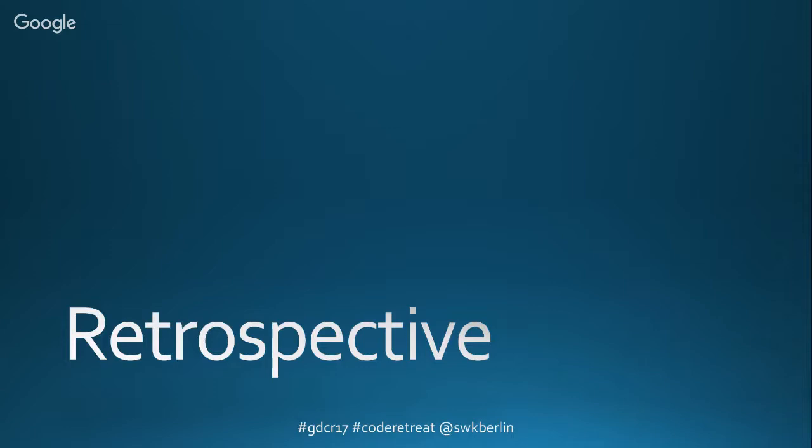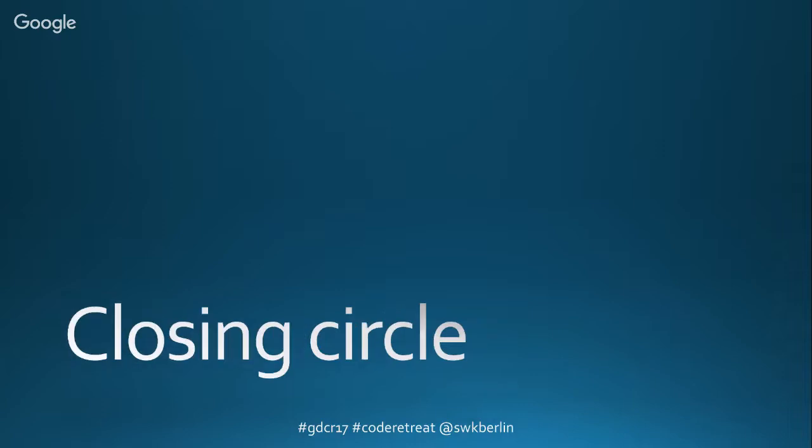With the final break between sessions, I ask people to think about the questions that I'll be asking in the closing circle, and these are the 3 questions that were defined by Corey Haynes as part of the Coderetreat format, and I haven't seen any reason to vary them myself.